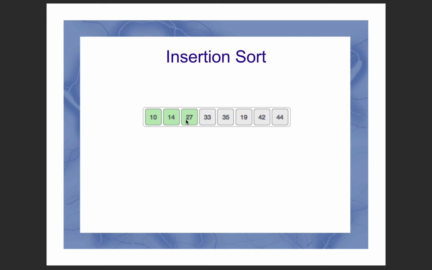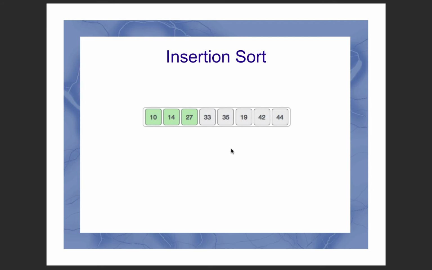The first for loop takes one element from the unsorted area and finds the right place for it in the sorted area, and the second loop, the outer loop, restarts the process.